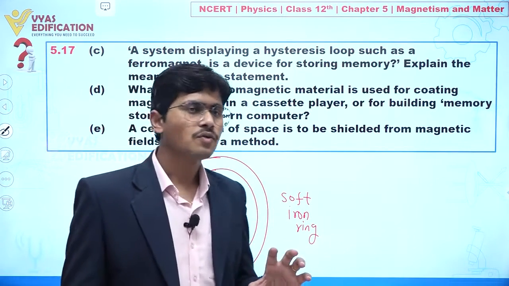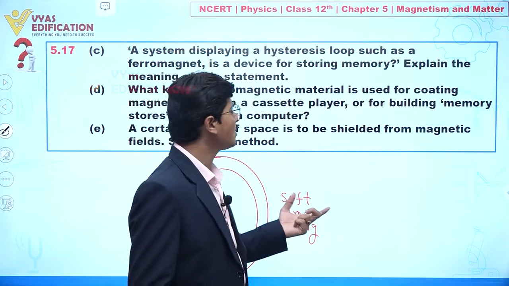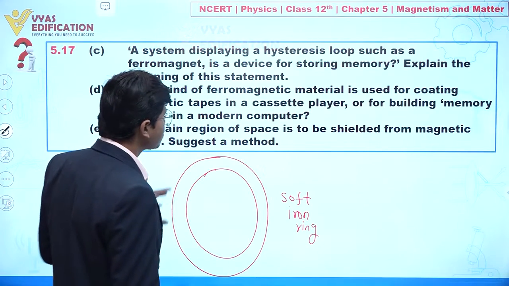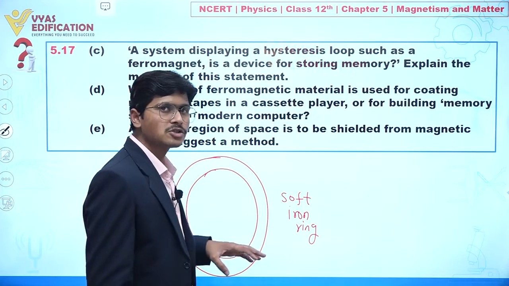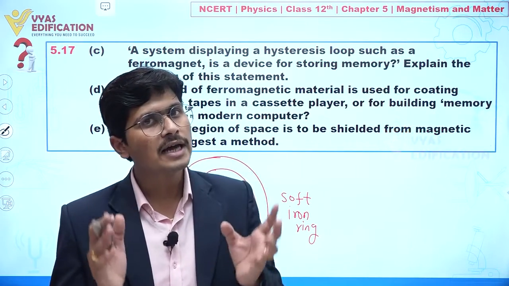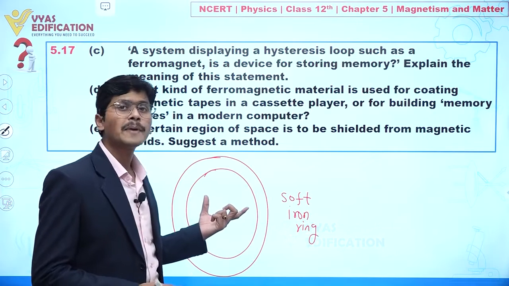So a certain region of space is to be shielded from magnetic field. So this is one method: if we place a soft iron ring surrounding a particular place that we want to protect from magnetic field lines.